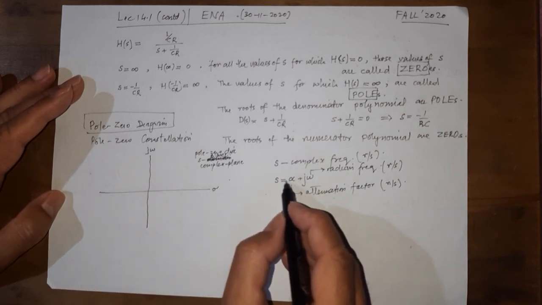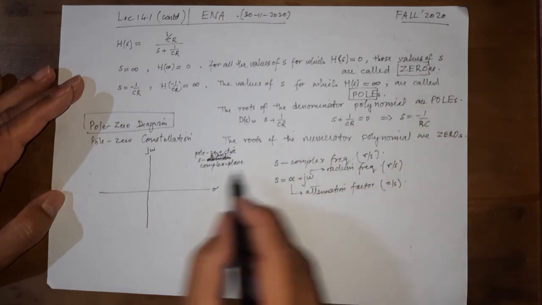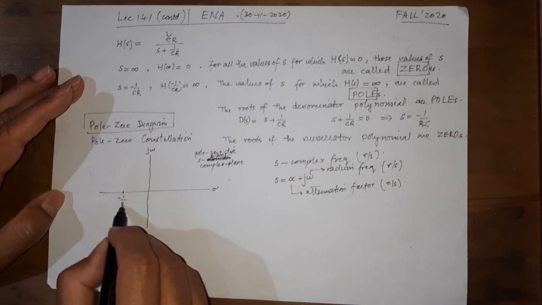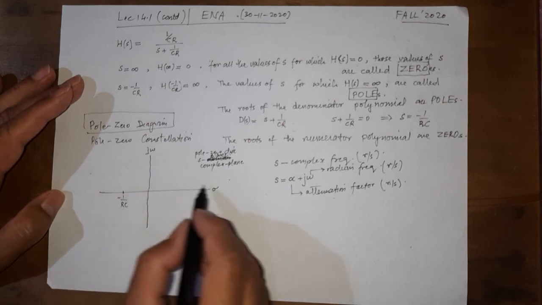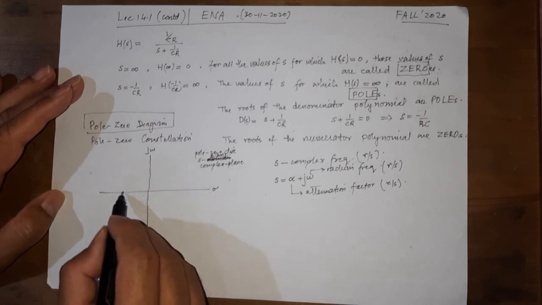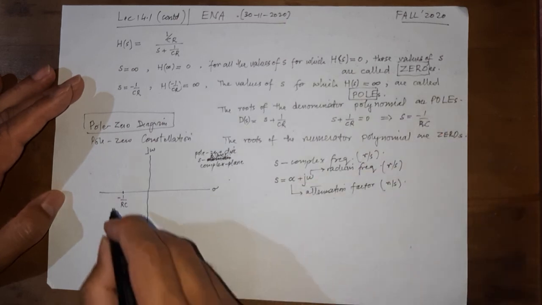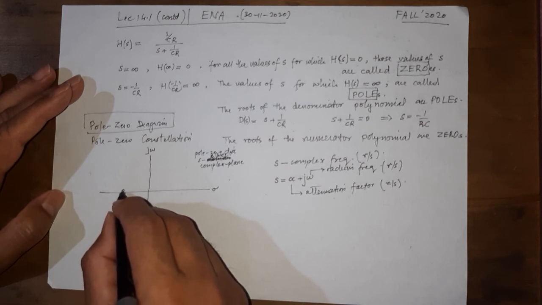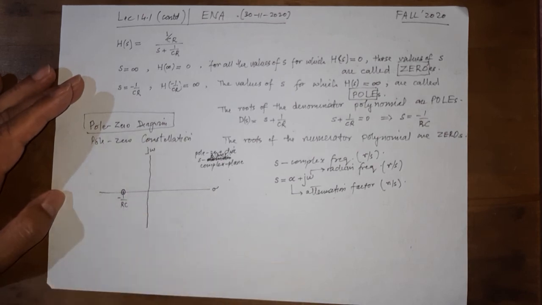Omega is 0 in this case, and it is all alpha. So we are going to get this value on the negative side of this x-axis, also called the sigma axis. And because this is a zero here, we need to represent it as a zero. So what we draw here is a circle around this value, to tell this is a zero.